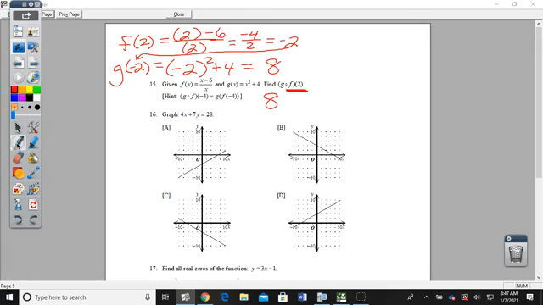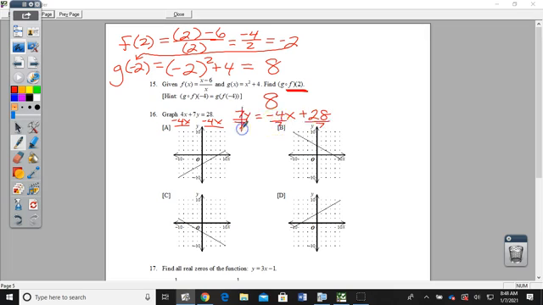What do we need to solve for on 16? Y. Okay. Solve it for y, so I'm going to move 4x over first. That will leave me with 7y equals negative 4x plus 28. And then you divide by 7.